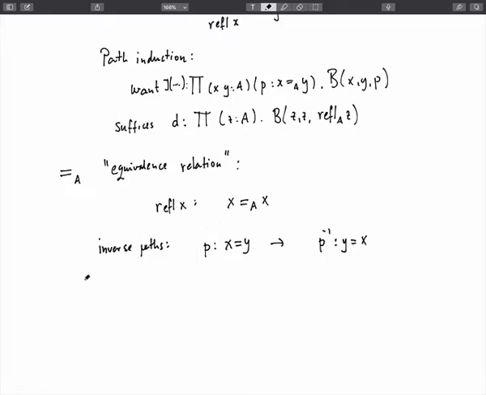And then we had concatenation of paths, which is, if I have a path p from x to y, and a path q from y to z, then I get a path pq from x to z. You can read this as operations on paths, but you can also read them as logical statements saying that equality or path space is reflexive, symmetric, and transitive.